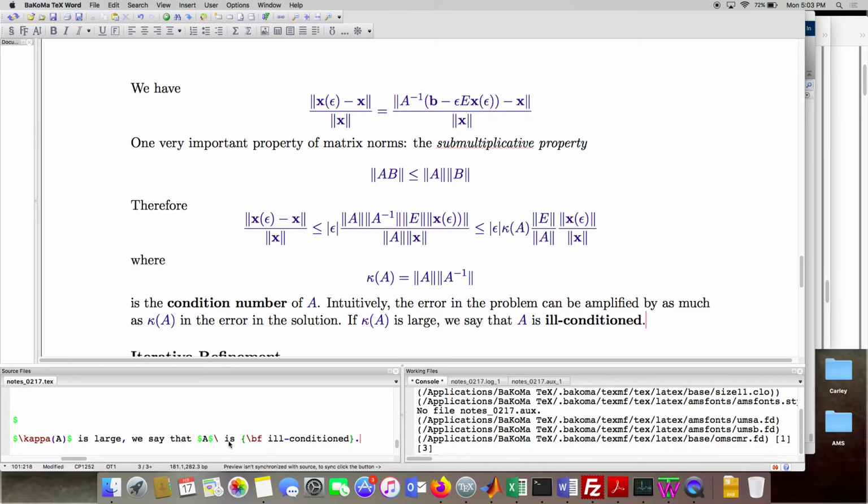And that can definitely happen. It actually does happen in matrices of important applications. For example, if you're solving systems that arise from partial differential equations, solving at high resolution, those matrices tend to be quite ill-conditioned.